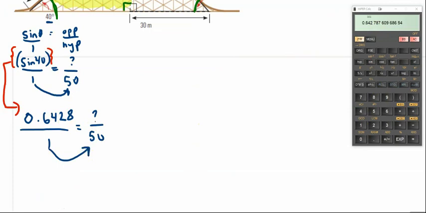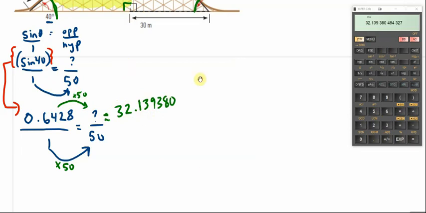We already said that if we have to go from 1 to 50, we need to multiply by 50, because of proportional reasoning. So in the calculator, I already have that value, so I times that by 50. It says that the vertical height is approximately 32.139380. We don't really need much more precision than 4 decimal places, but that's the vertical height.